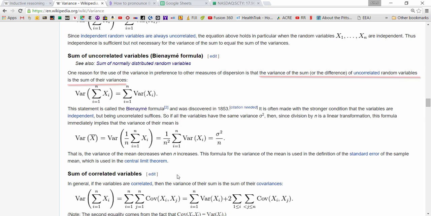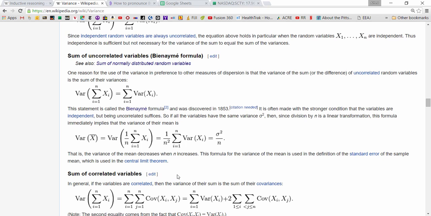And then this equation says the same thing. The variance of the sum of a bunch of variables, x sub i's, is equal to the sum of the variances of all of those x sub i's. And this statement is called the Bienaymé formula.